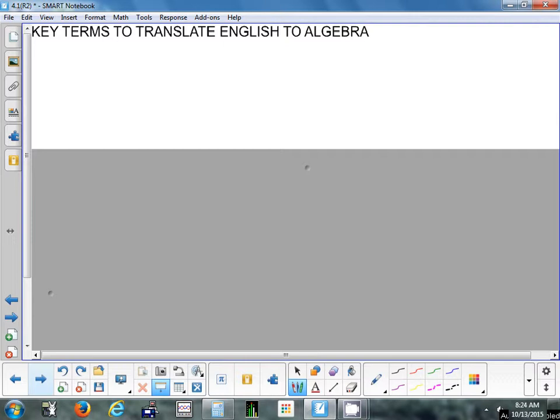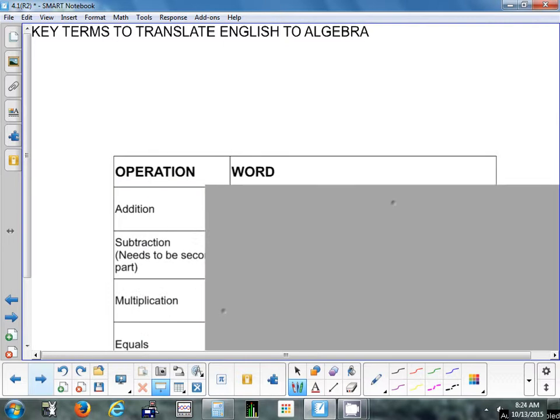So just some reminders, okay, about certain words and what they mean. Do you guys already have this on your sheet? They don't have the words written. Okay. What are some words that mean addition? What's something you'd see in a sentence and you're like, yep, I got to put a plus sign. Yep. Some. That's a good one. What else? Yep. More than. All right, so we got some, we got more than. What's another one?